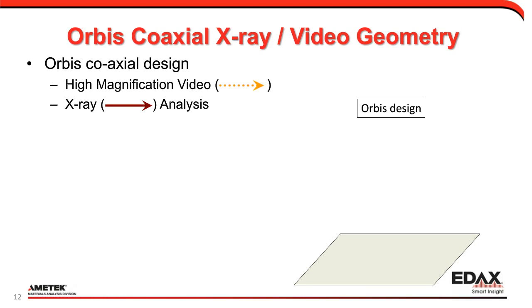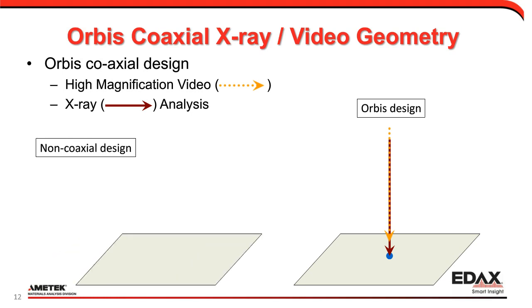So we look at the cartoon here, and we want to analyze that blue spot on a sample. In the Orbis design, this axis, the gold dotted arrow, represents the view of our video camera. Our X-ray analysis shares that same axis. The X-ray analysis is represented by the maroon arrow.